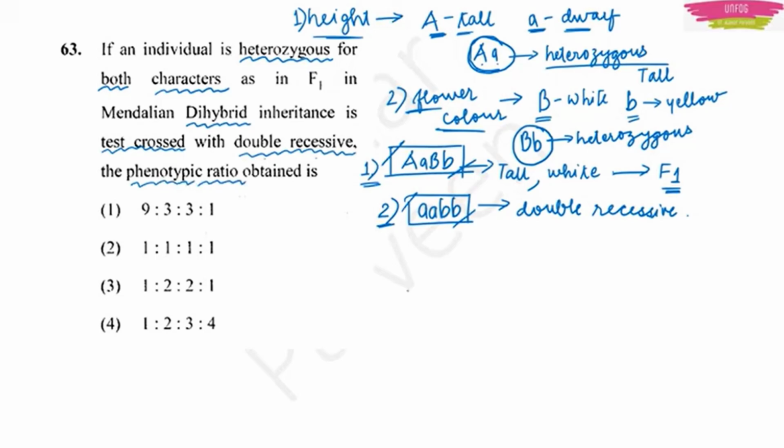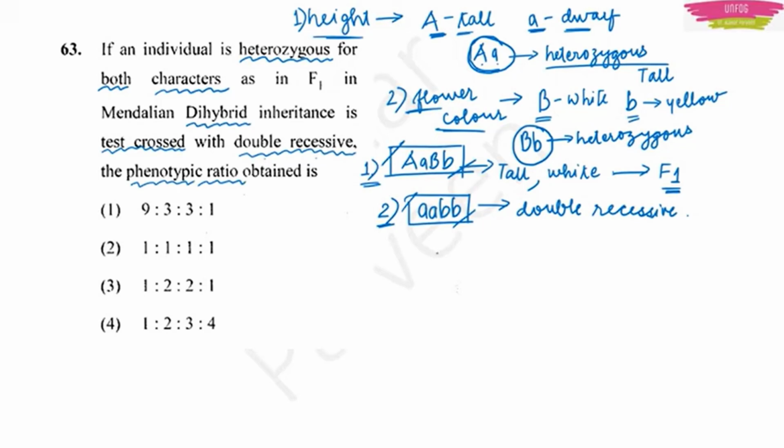Phenotype is the characters that are observable, controlled by the genetic constitution of the organism. We have two types of ratio, phenotypic ratio and genotypic ratio. Genotype is the genetic constitution of the organism, but he is only asking for the phenotypic ratio, like what all types of plants will be present and in what ratio.